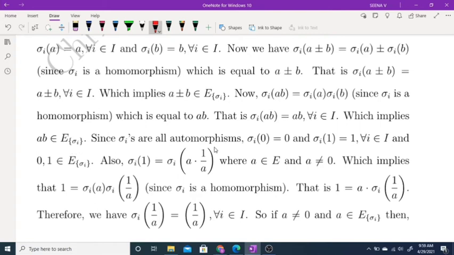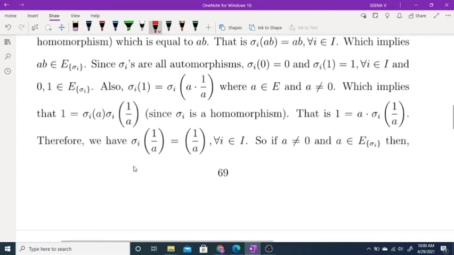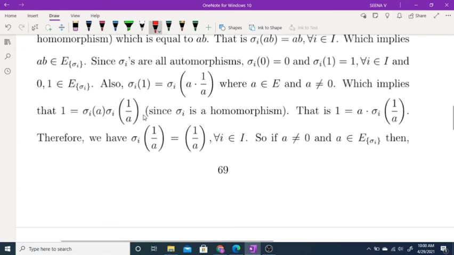Since the σ_i are all automorphisms, σ_i(0) = 0 and σ_i(1) = 1, therefore 0 and 1 belong to this set. Now σ_i(1) = σ_i(a · 1/a) = σ_i(a)σ_i(1/a), if you take a not equal to 0. Therefore σ_i(1/a) = 1/σ_i(a), and σ_i(a) is a itself.